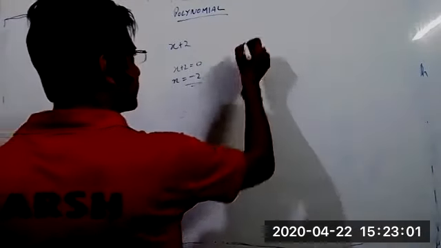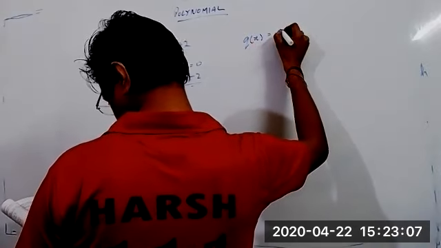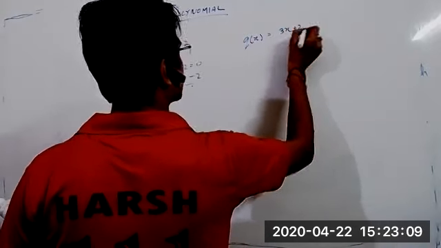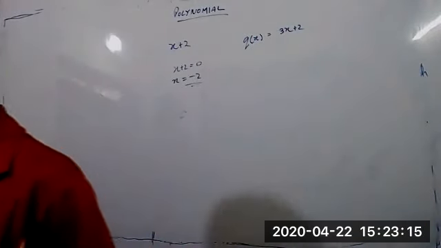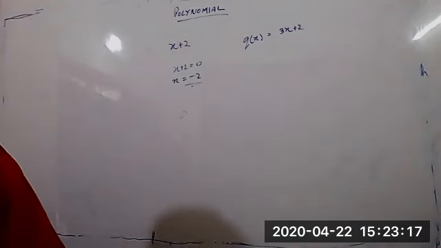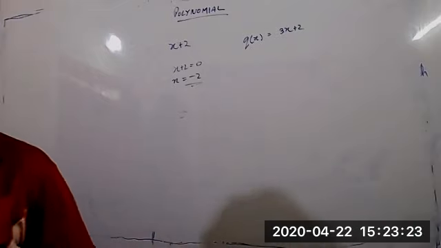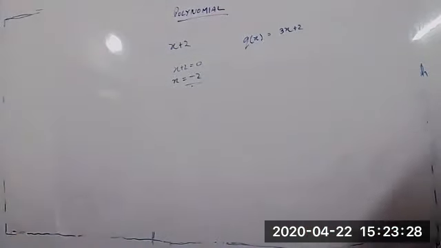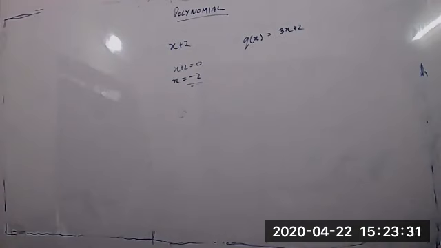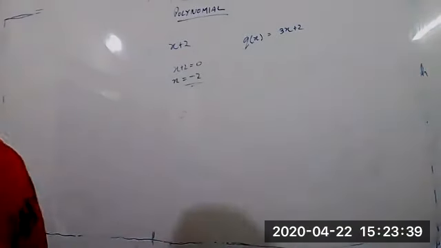Find the zeroth value of 3x plus 2. Sia, you have to answer this. Sia, answer.